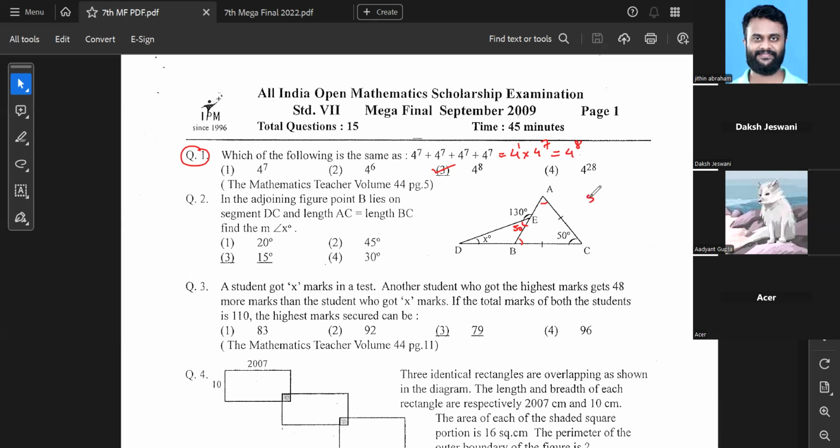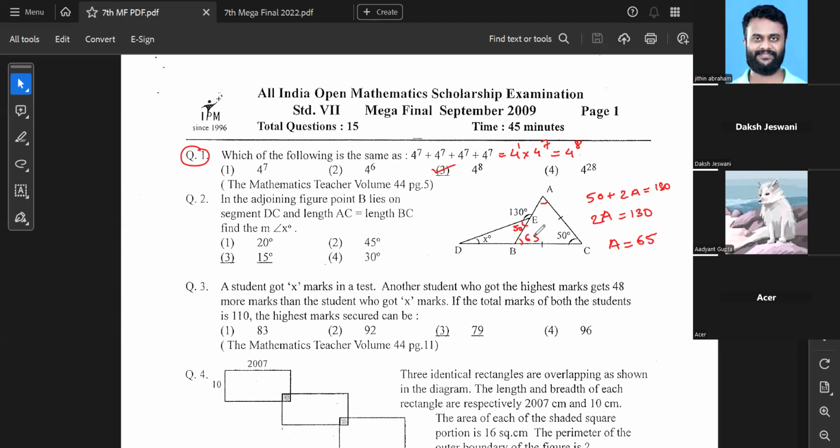Now, since the total sum of angles is 50 plus A, and this is also A because both are same, 2 times A will be equal to 180 minus 50. That will give me 2A is equal to 130, so A is equal to 65.